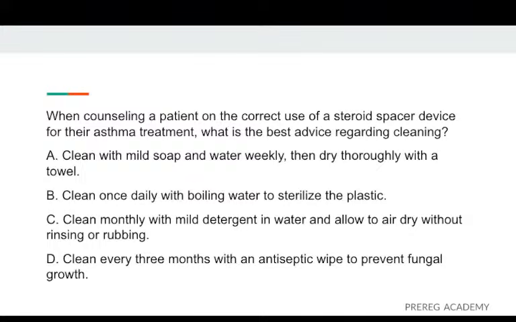So how often should spacer devices be cleaned, and how often should they be replaced?